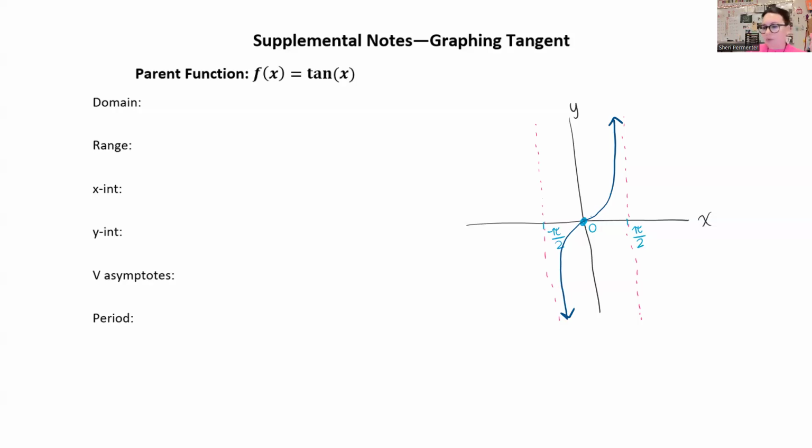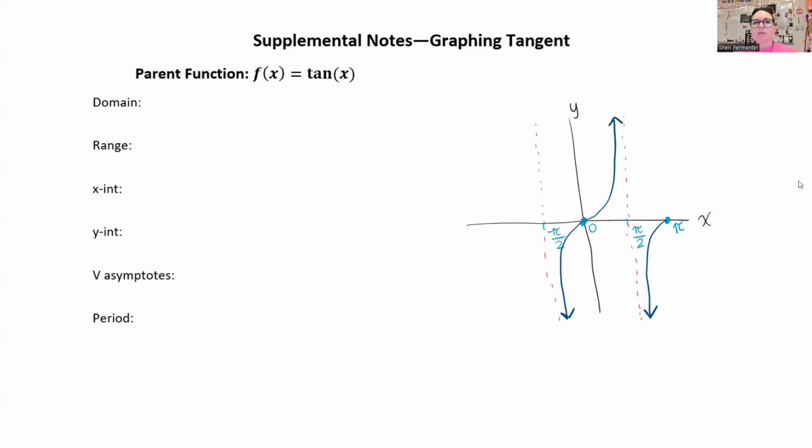Sometimes if you look it up, it might show only starting at 0. So if it starts only at 0, then you've got just this branch right here. You'll see the asymptote, and then you'll see the start of the next cycle over here at pi, and the next branch would look like this.